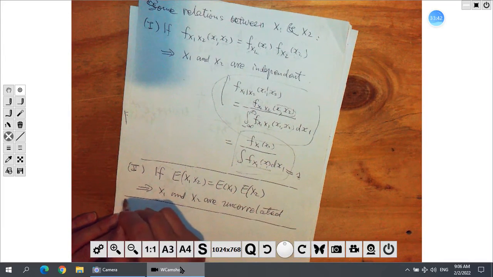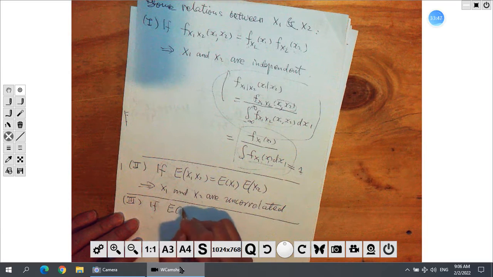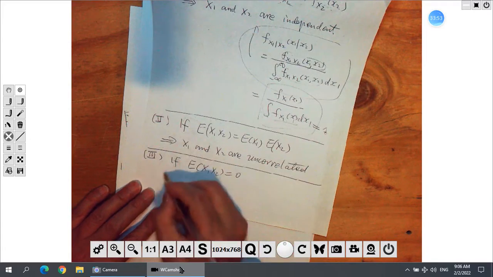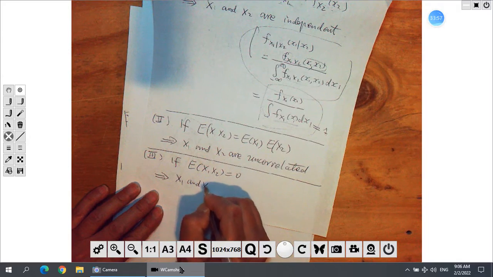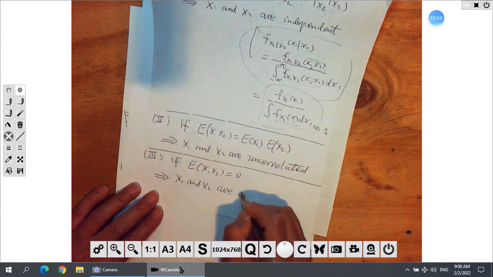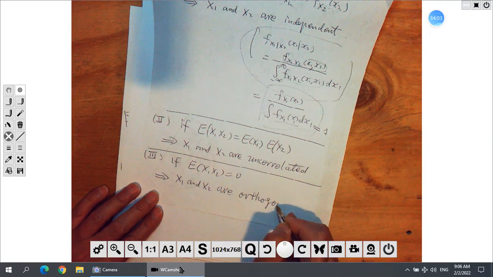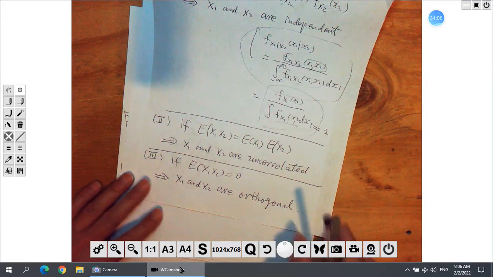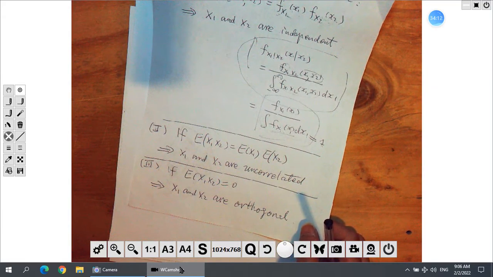And the third case, if E of x1 times x2 is 0, then we say x1 and x2 are orthogonal. So this is the relation between x1 and x2.